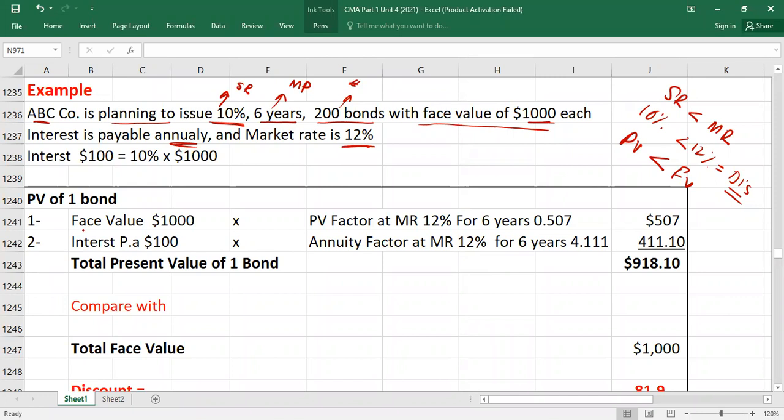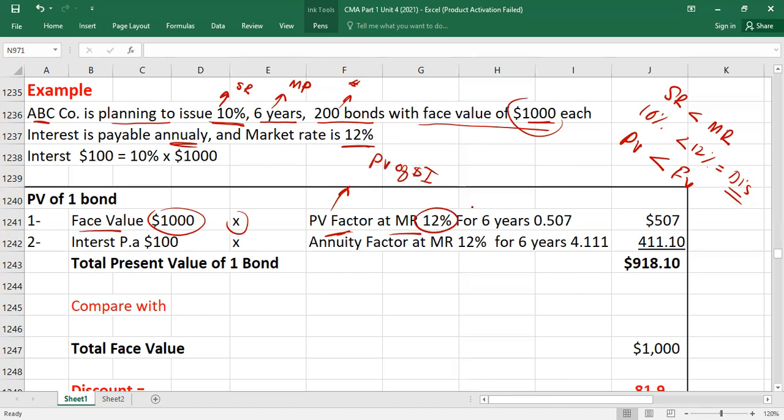First of all, I have to write the face value of one bond. What's the face value of one bond? $1,000. And this face value I will multiply with the PV factor at which rate? 12%, which is the market rate. From which table will I look up this PV factor? Present value of $1. What is my market rate? 12%.